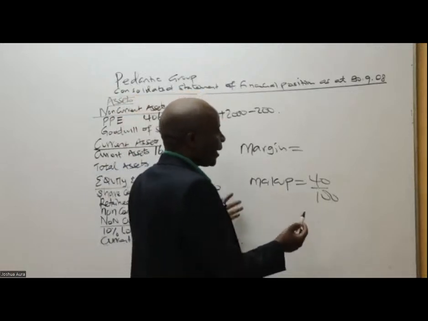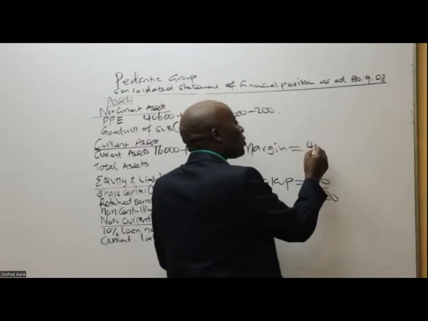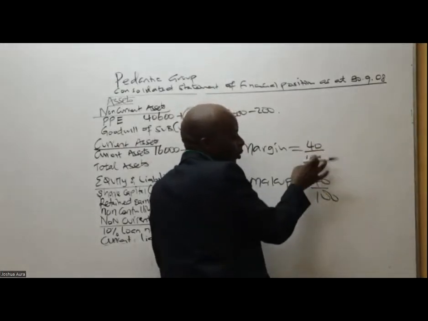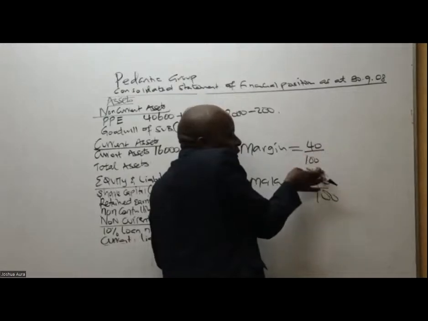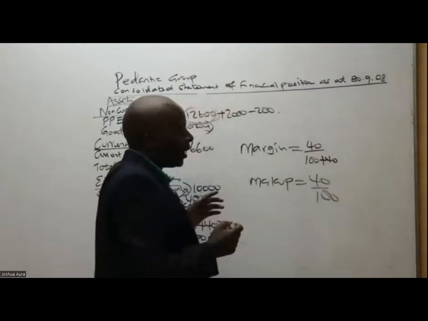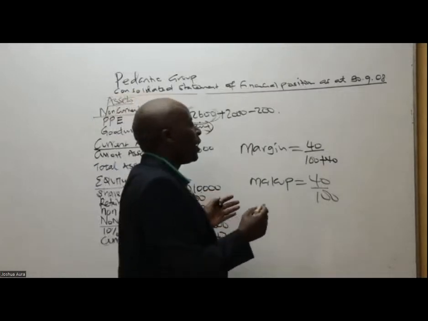Margin has got a bigger base. So if it has got a bigger base, first of all I copy 40 over 100 there. Then I bring the numerator to increase its base. I say plus 40 here, plus 40 there. So it will be 40 over 140.